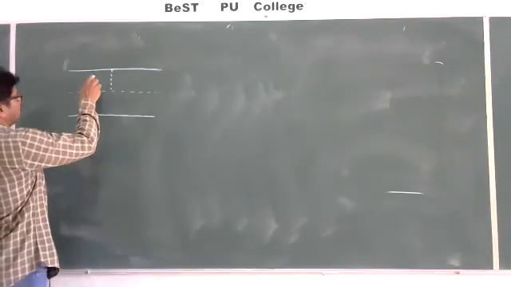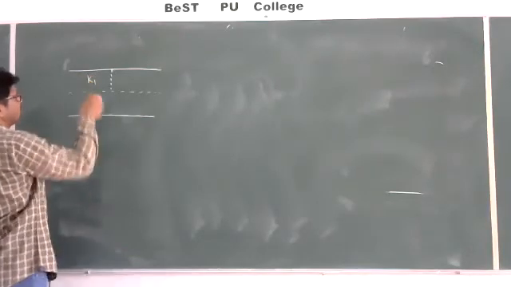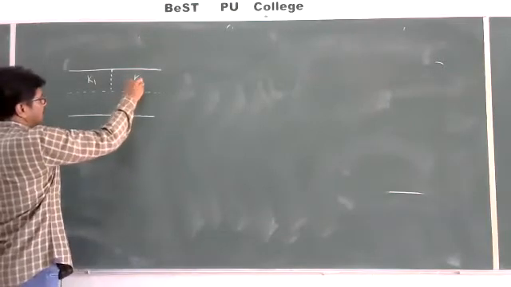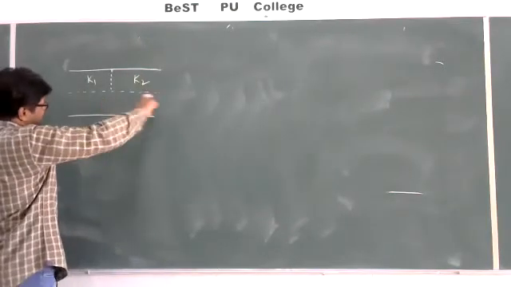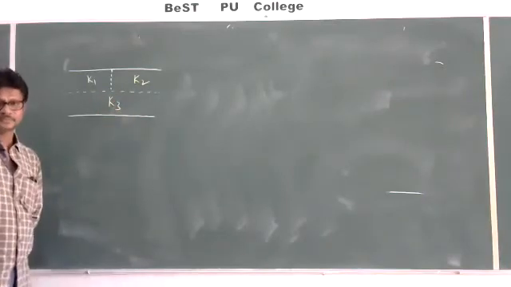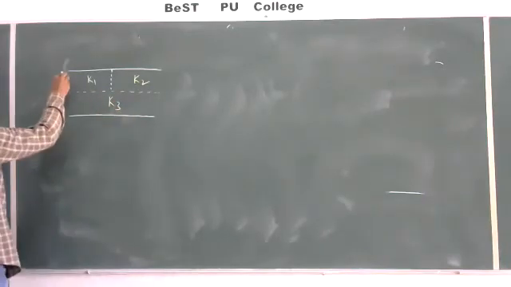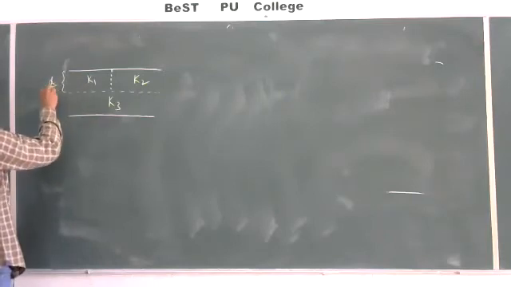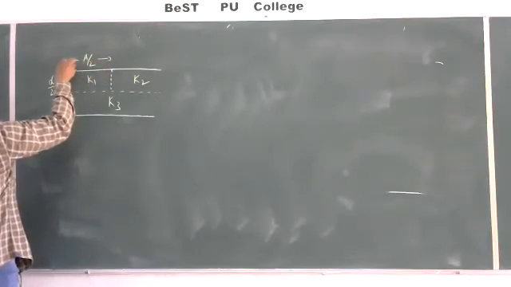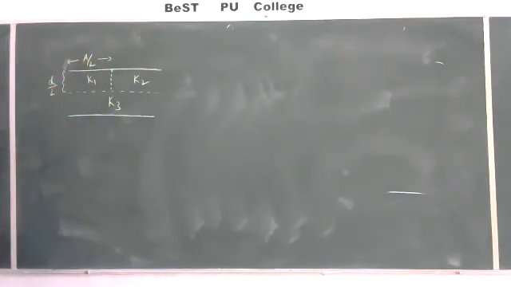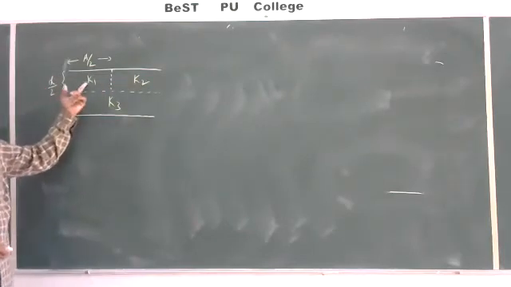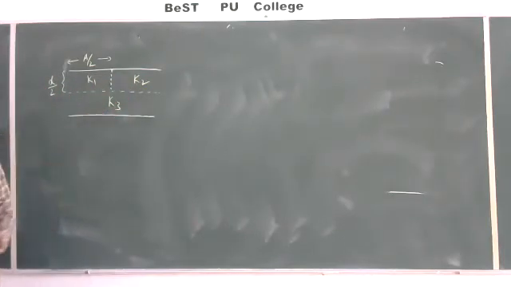The first part is filled with the dielectric constant K1, the second part K2, the third part K3. Here this is D by 2 and this is A by 2. So the first half with K1, K2 and like this.